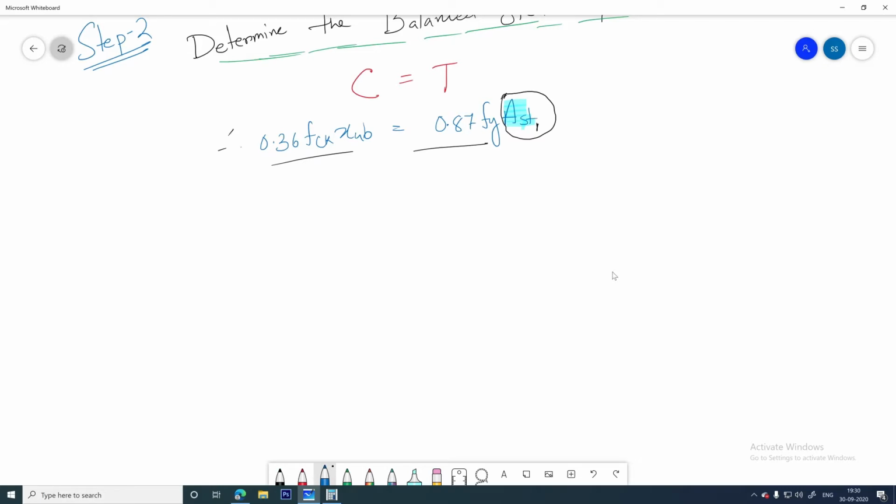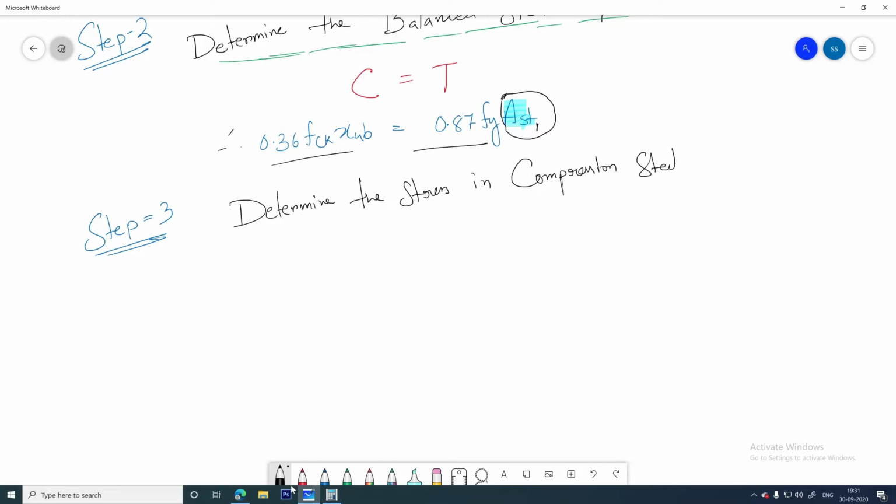So in step number 3, here what you need: determine the stress in compression steel.